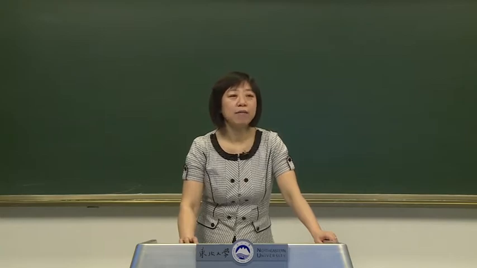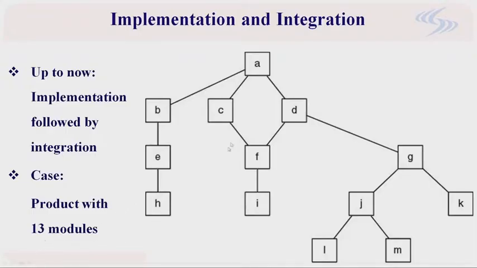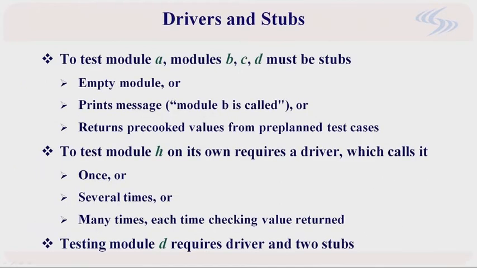Let's say we have a product with 13 modules, A, B, C, D, E, F, G, H, I, J, K, L, M. So let's see, to test module A, module B, C, and D must be stubs.